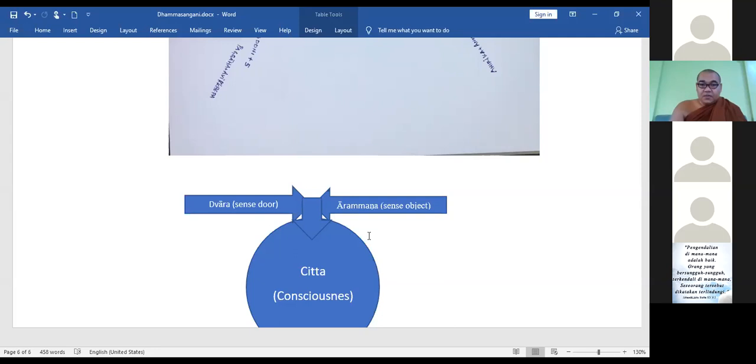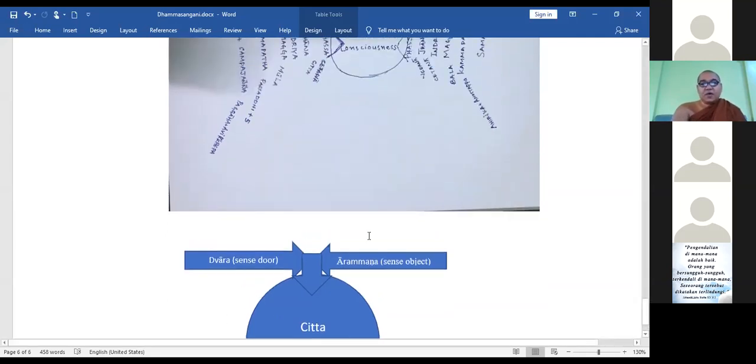So that's why, please keep in mind that Chitta is something that arises when the necessary conditions support. But Chitta is not the Dhamma that exists, okay?